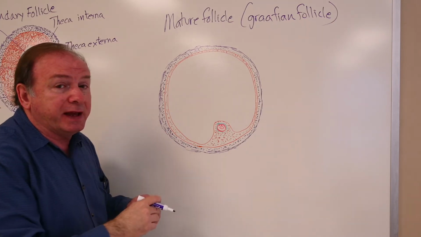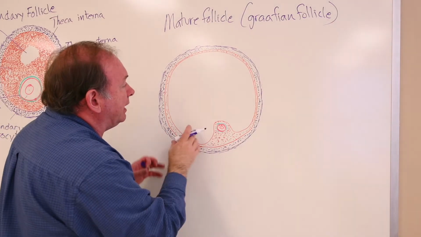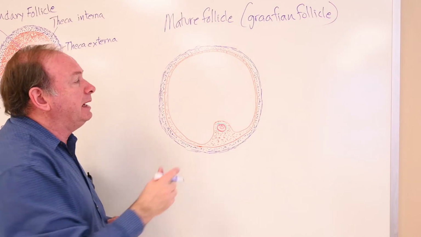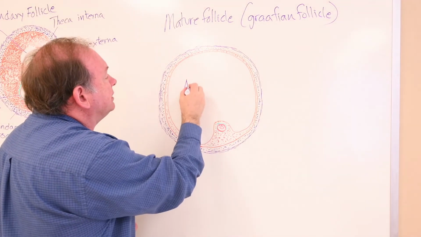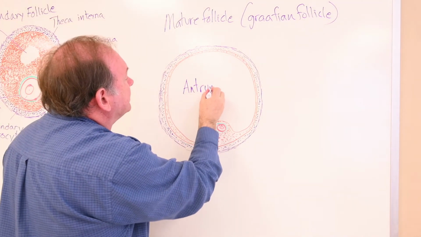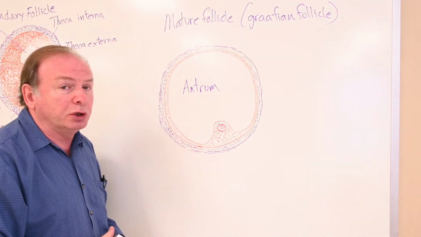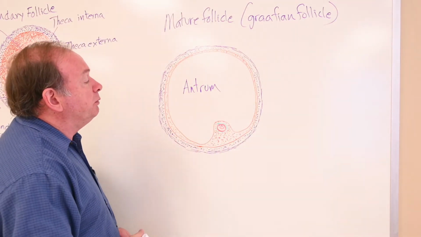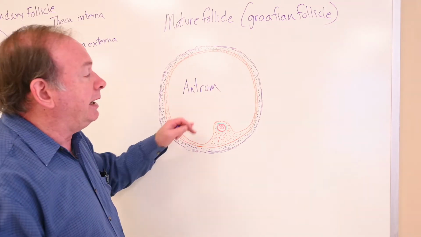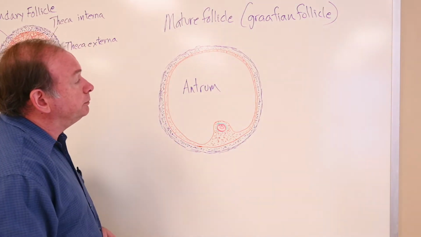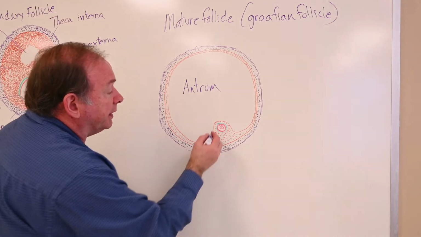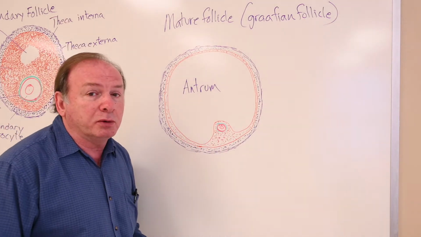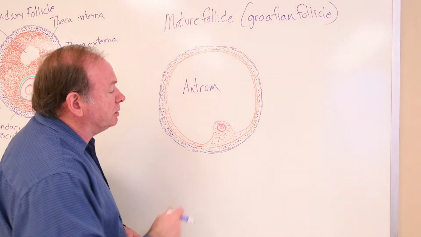At this stage, that antrum space that was within the follicle cell mass has increased in size to become a huge structure. The primary volume of the whole thing now is made of this fluid-filled antrum within the follicle. The egg cell right there, the oocyte, is still a secondary oocyte.